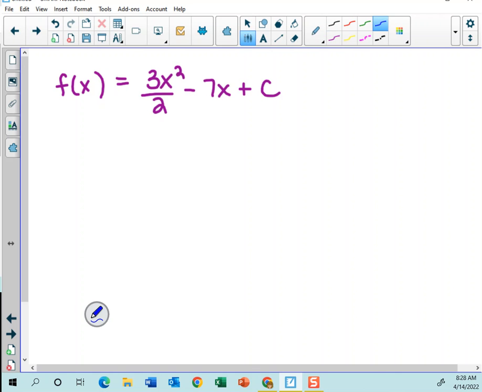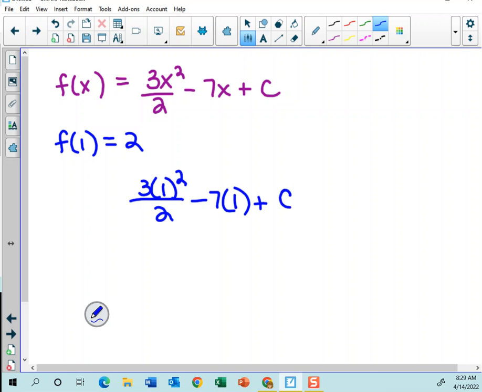And I know that f of 1 is 2. Okay, so I'm going to do exactly that. I'm going to plug in 1 for x. So 3 times 1 squared over 2 minus 7 times 1 plus c equals 2.